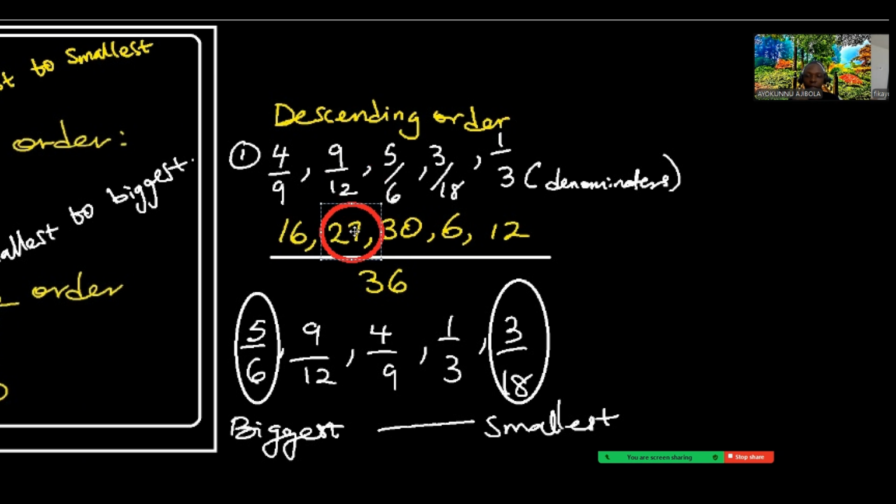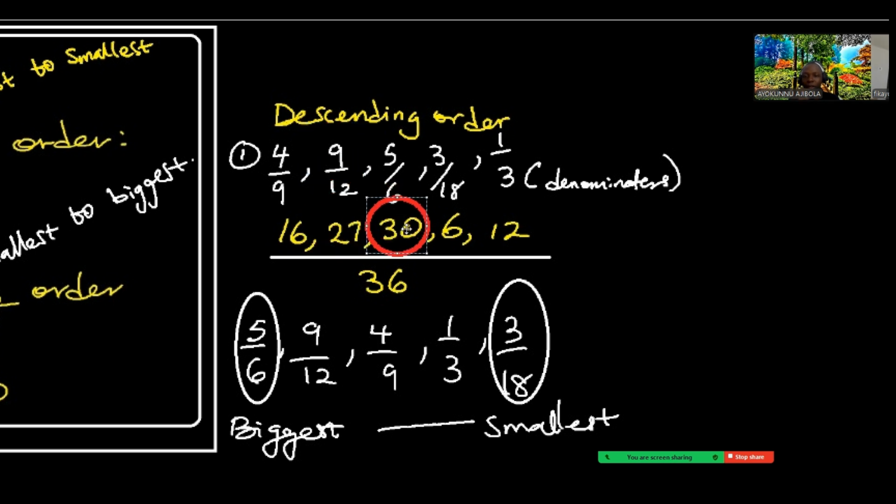Okay, how did you get 27 again? We got 27 from 12, because there are 3 12s in 36, and 3 times 9 equals 27.